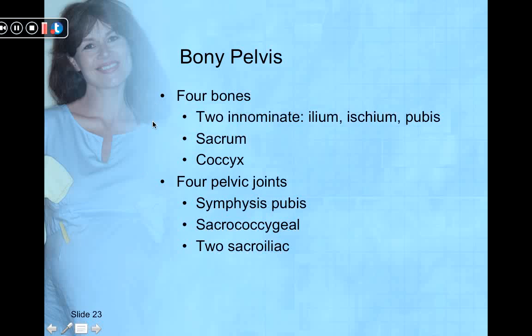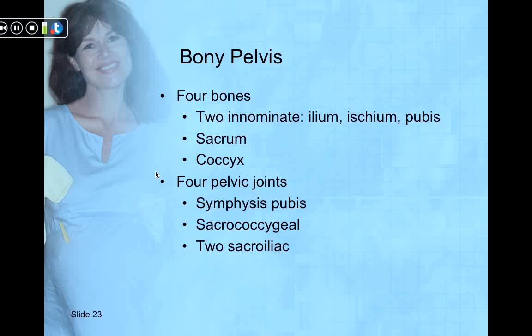The bony pelvis has 4 bones: the ilium, ischium, pubis, and then the sacrum and the coccyx. There are 4 pelvic joints: the symphysis pubis, the sacrococcygeal, and the 2 sacroiliac joints. Back pain can be referred, and can often be a significant source of pelvic pain.